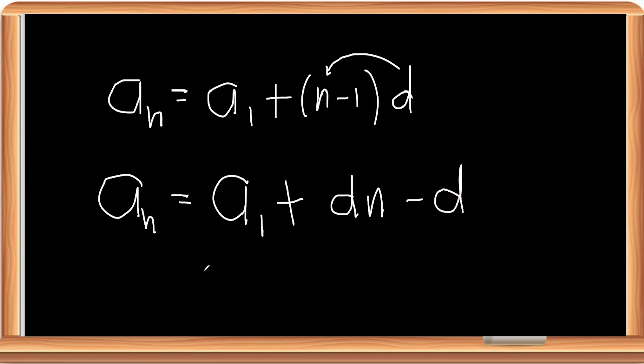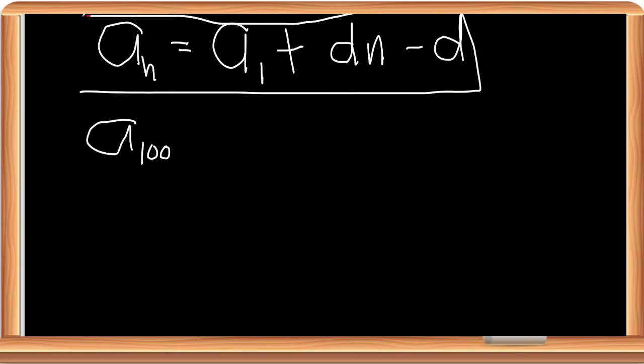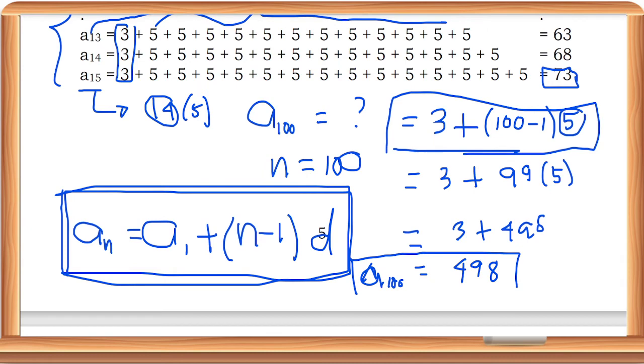That is easier in case, like this one, your n is 100. That is what I asked you to find, a sub 100. It is easy. You can use this formula if it is easier for you. For example, for a sub 100, our a sub 1 here is 3 and the common difference is 5.